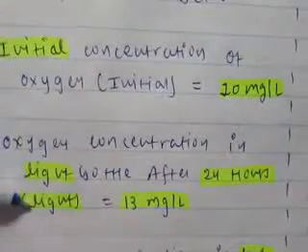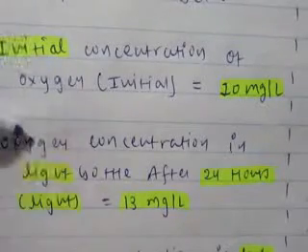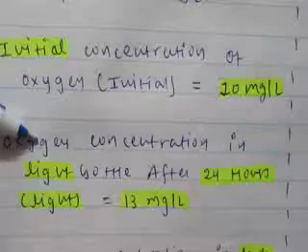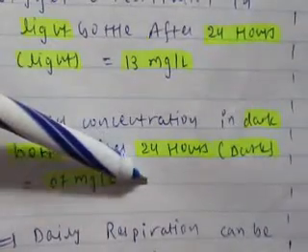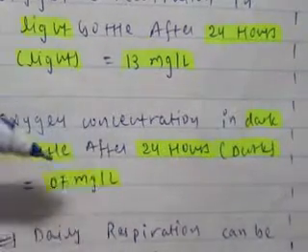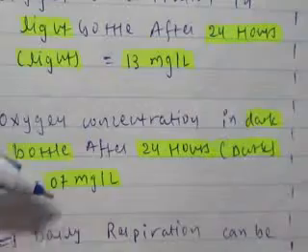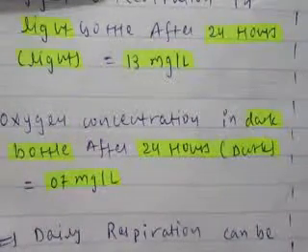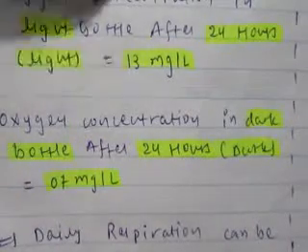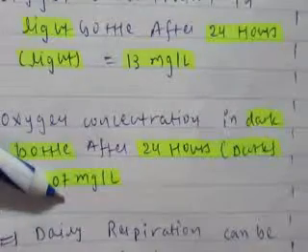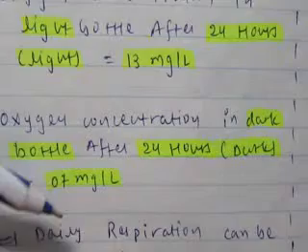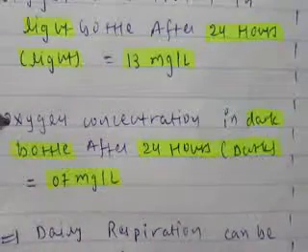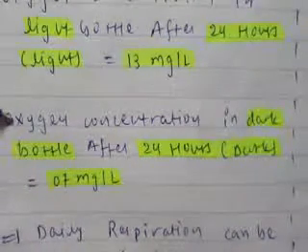So in the light period oxygen concentration is increasing, not decreasing, whereas in the dark period oxygen concentration after 24 hours of incubation is 7 milligram per liter. That means initially oxygen concentration is 10 milligram per liter, and it decreases to 7 milligram per liter. So oxygen concentration in the dark period is decreasing.